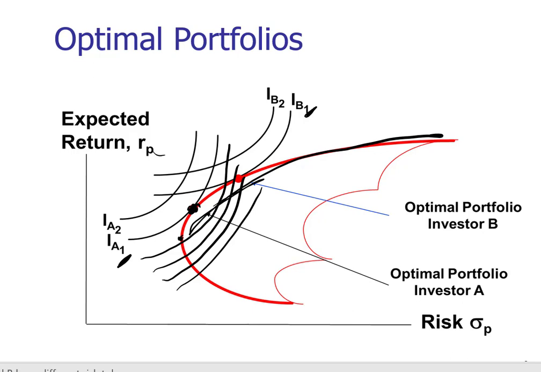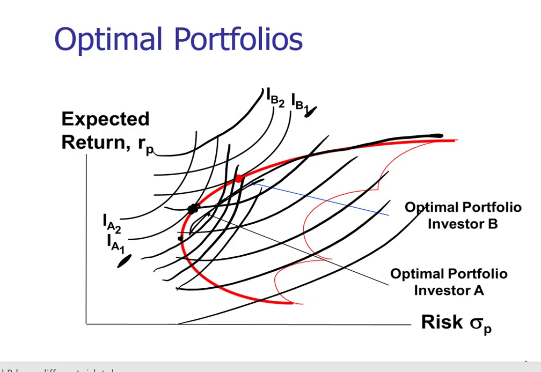Likewise for B. There's an infinite number of indifference curves, but only one is going to be tangent to this efficient frontier. And for this particular portfolio, that is the portfolio that you want to buy. For you as an investor, based on your risk preferences, that is the one that's going to make you the happiest. They refer to it as your optimal portfolio.